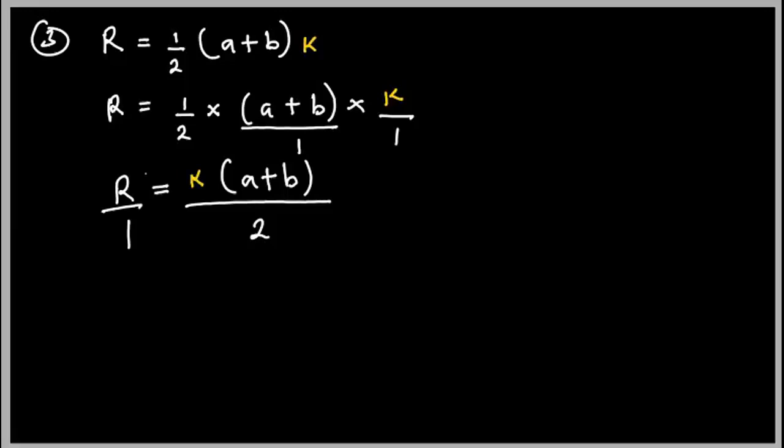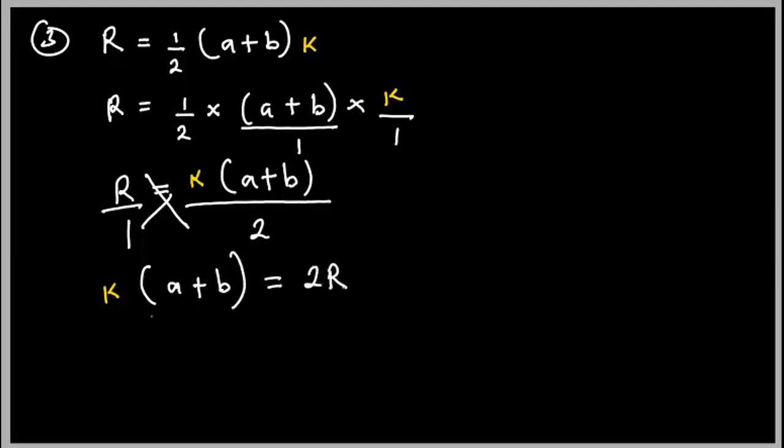So crossing and multiplying, like this, I will have k bracket a plus b. All these things here multiplying by 1 will still give us the same thing, because anything multiplied by 1 is the same thing. I have a plus b equals to, and 2 times r is just 2r.